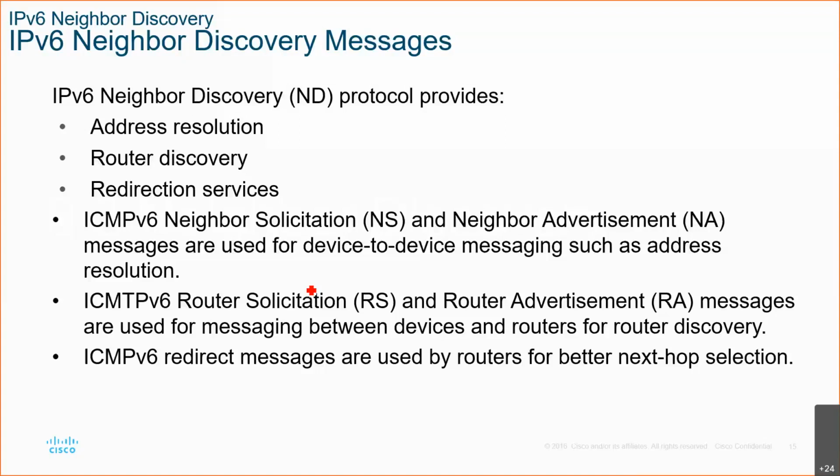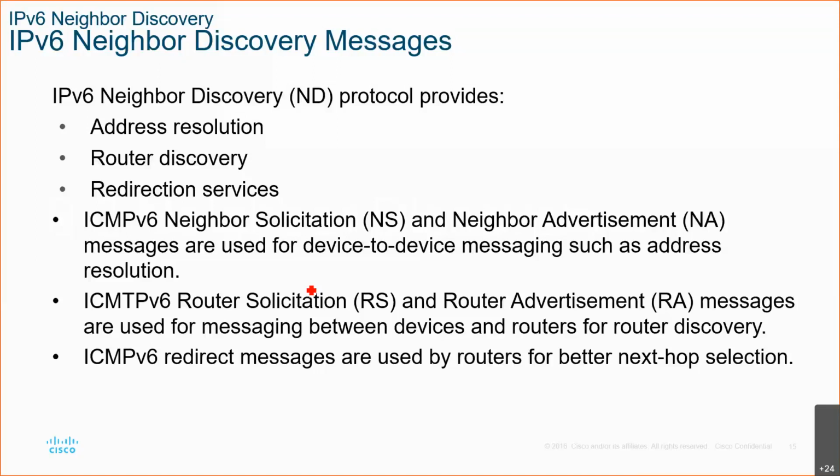If you're using IP version 6 on your routers, then you have ICMP version 6 router solicitation and router advertisement. These messages are used for messaging between devices and routers for router discovery.